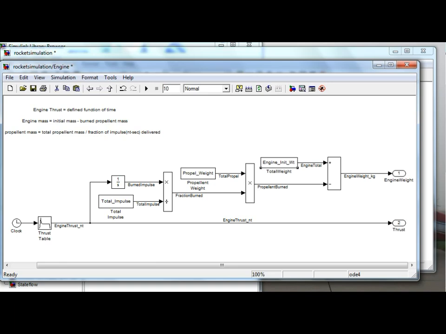And I subtract the propellant burned, which is right here. Propellant burned is the total propellant weight, this much, times the fraction burned. So if I burned half of it, that'll be 0.5. So that's the multiplication.